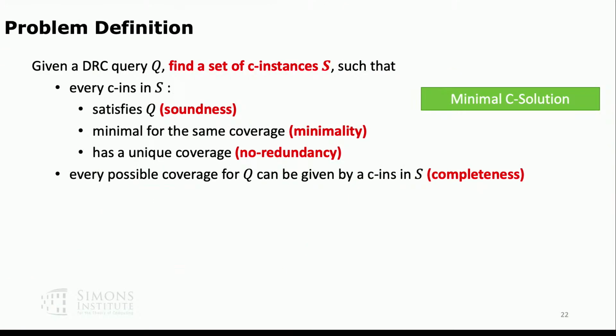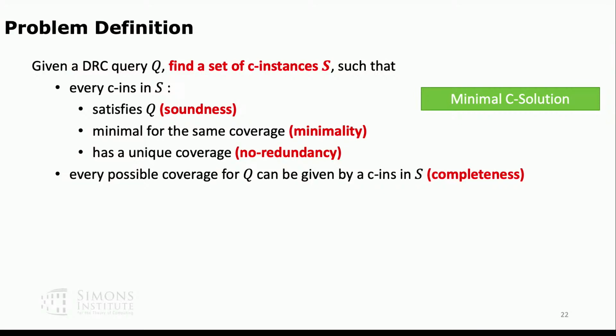So this is finally our problem definition: given a domain relational calculus query Q, find a set of conditional instances such that these instances are sound, minimal, not redundant, and also complete, ideally.